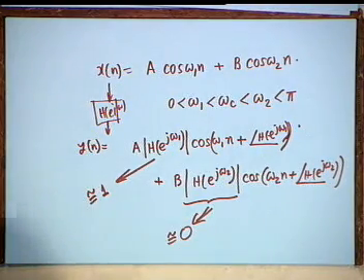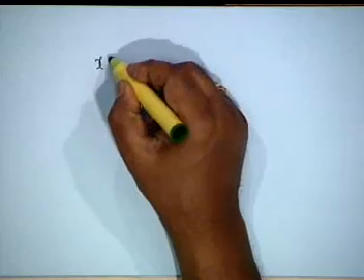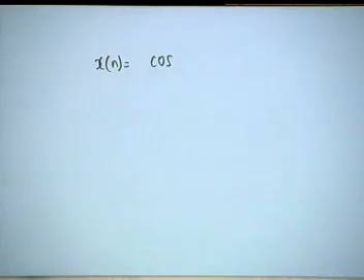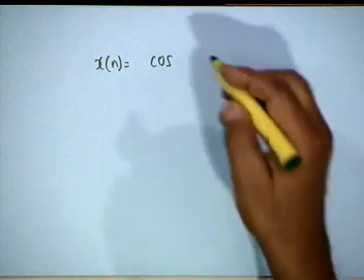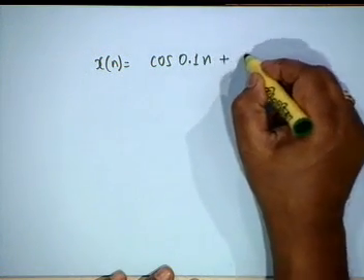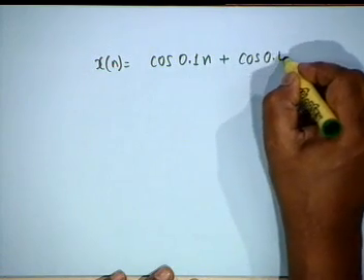All right. Let us take a specific example, and to bring variety into experience, let us say we require a high pass filter. Let us say x of n is equal to A cosine 0.1 n plus B cosine 0.4 n, where capital A and capital B are constants, we need not bother about them.